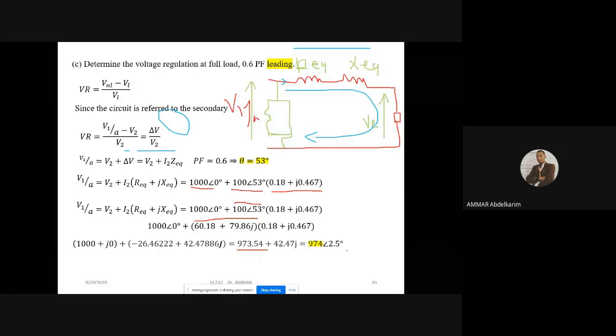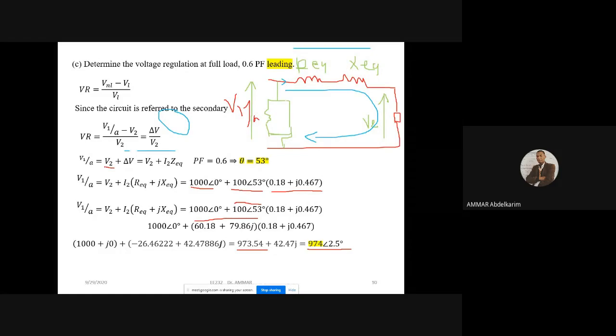So this is the no load voltage, before connecting the load. We can see that after connecting the load, this voltage increased, unlike the case of the lagging power factor. So I will repeat it step by step. Using this circuit, V2 is the voltage across the load. This one you should save in your mind.